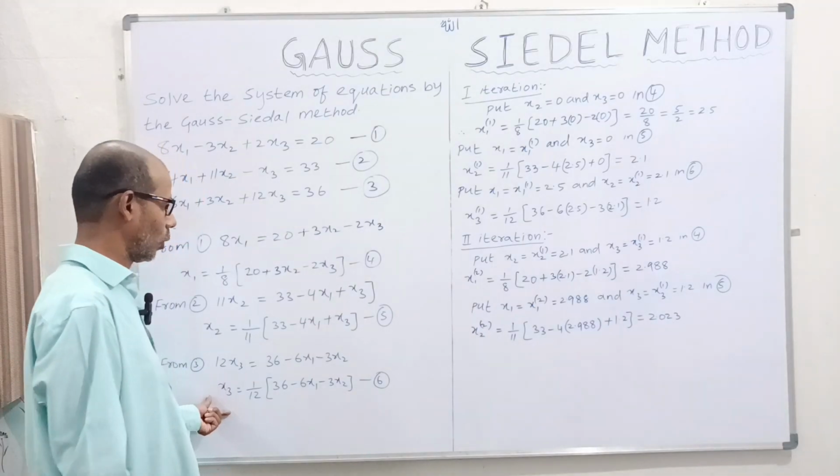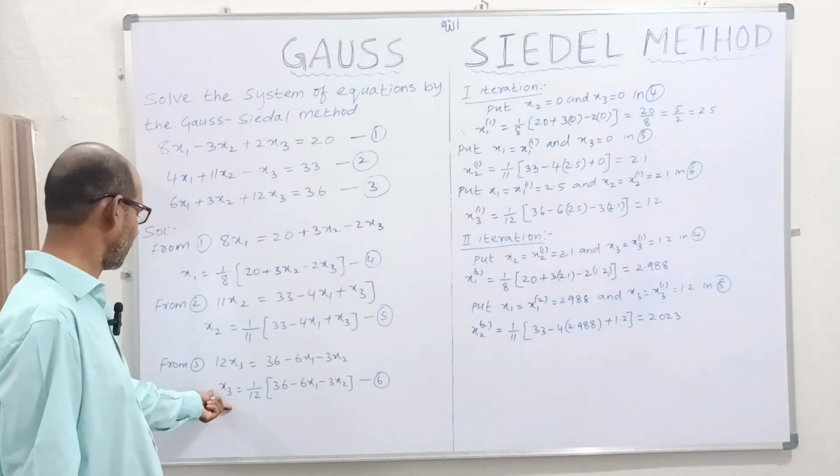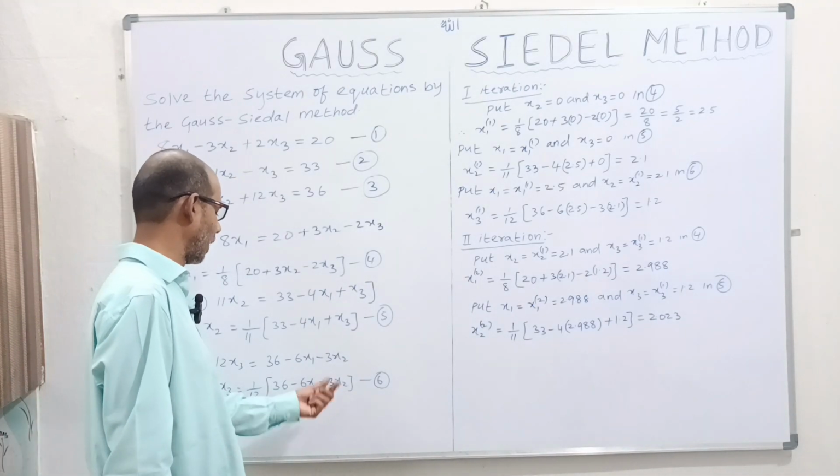Next, we have to find x3 for the second iteration. We have to substitute the values of x1 and x2.